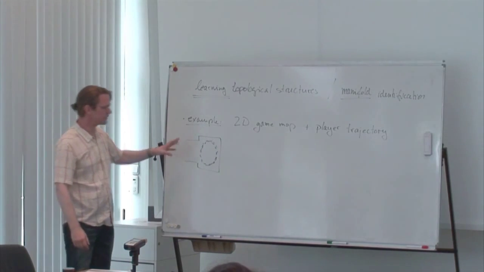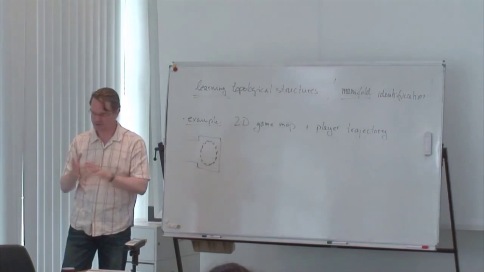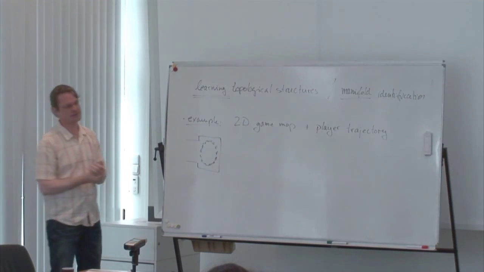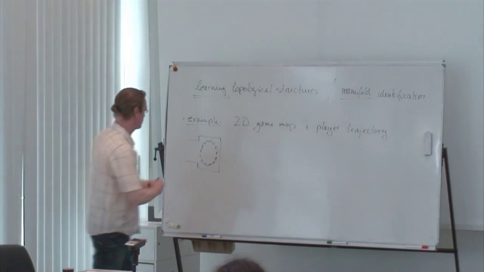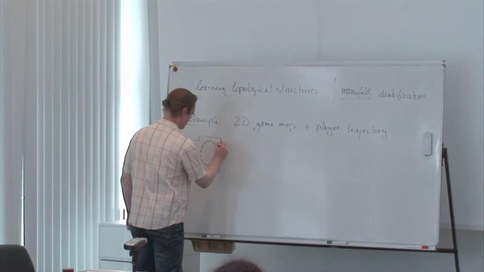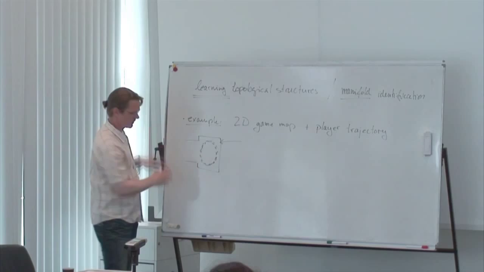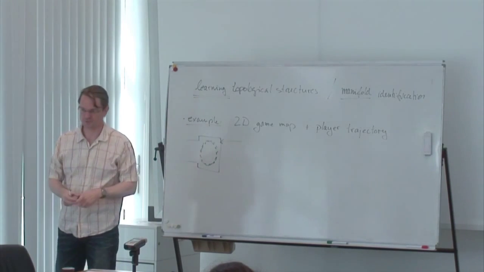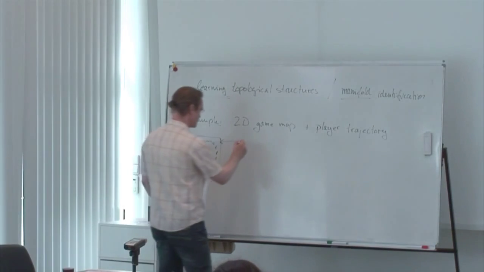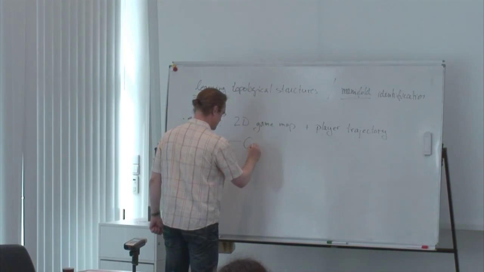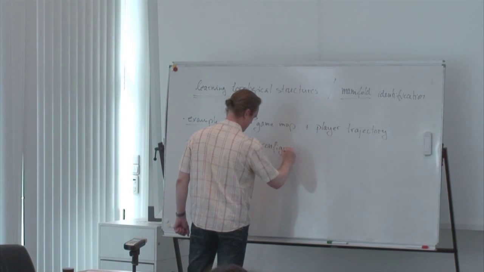And this takes us back to some terminology we have been discussing at the very beginning of this lecture. We can think of the game map, this geometric structure the player is moving in, as, let me call it a set C, which is the configuration space.